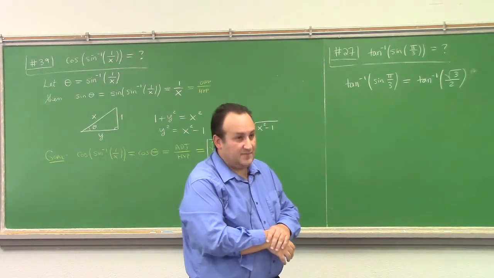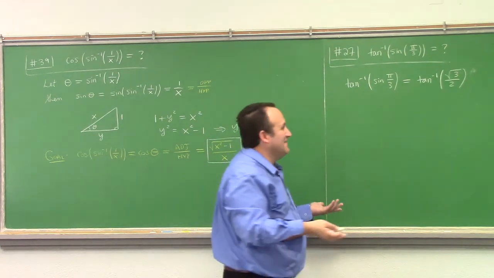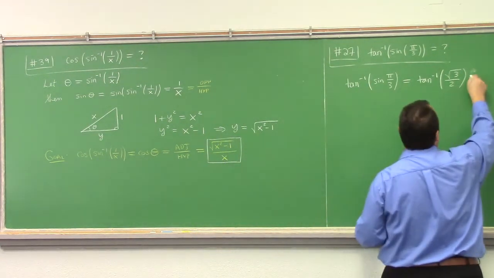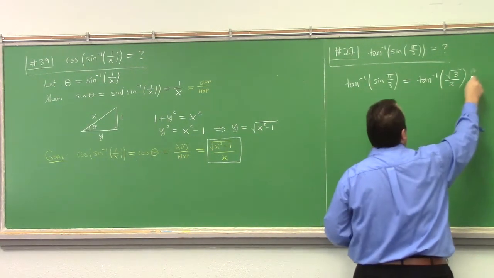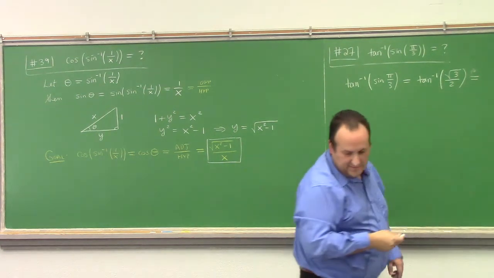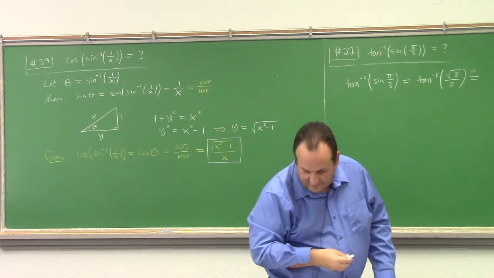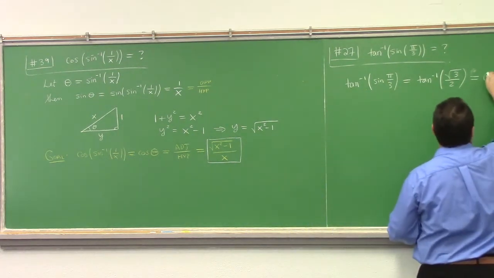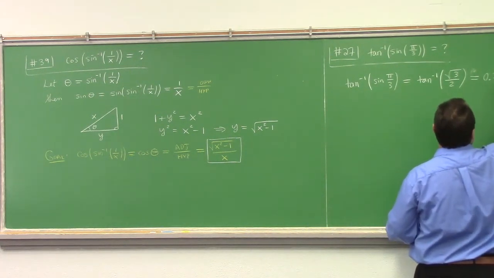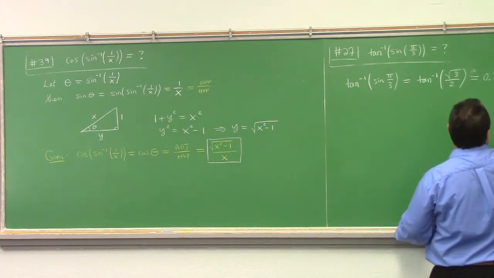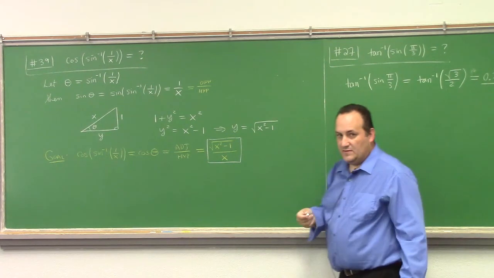Then you plug that into your calculator, and what you get is 0.7137 radians. There are other problems where you don't need the calculator, but this is not one of them.